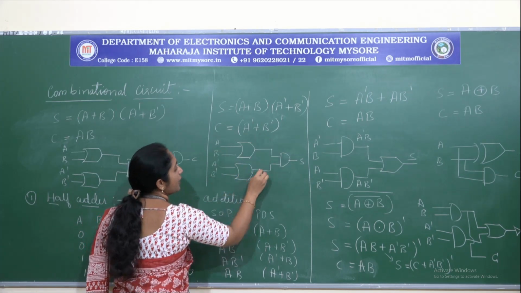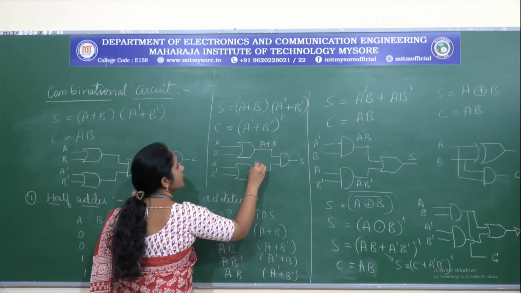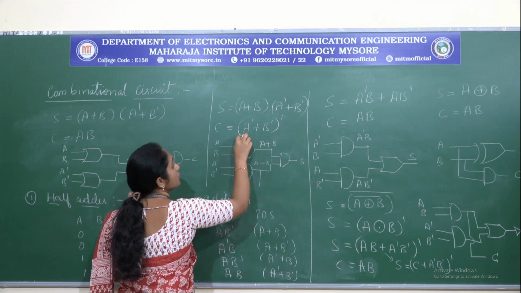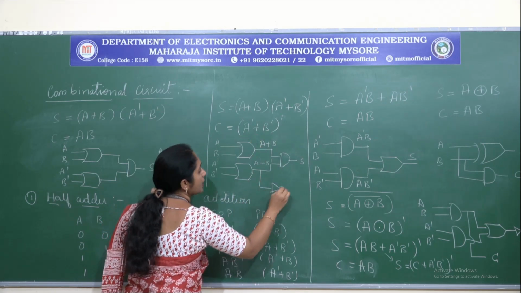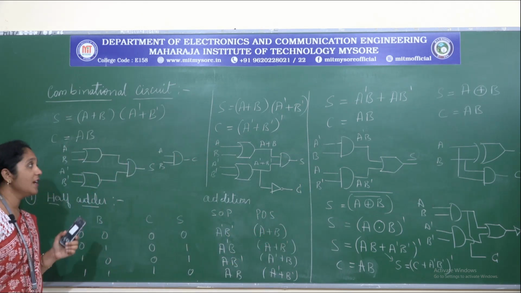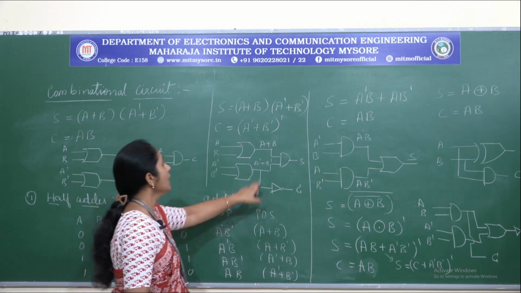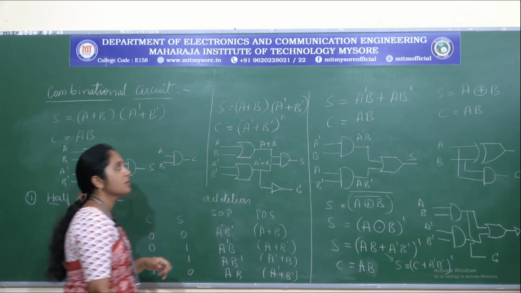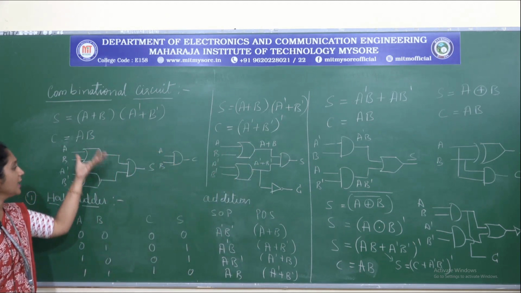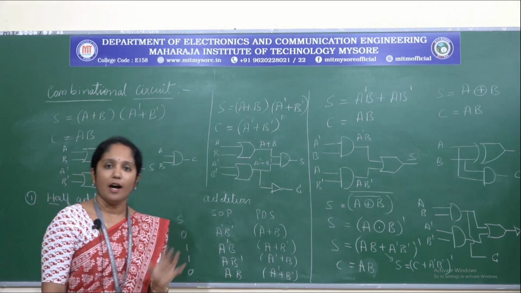A dash plus B dash is available here. So here it is A plus B, and here A dash plus B dash. We just need to use another NOT gate in order to obtain carry. Because A dash plus B dash is already available, if you use a NOT gate, it is going to give you A dash plus B dash whole dash, which is nothing but AB. So all these circuits can be used for a half adder.